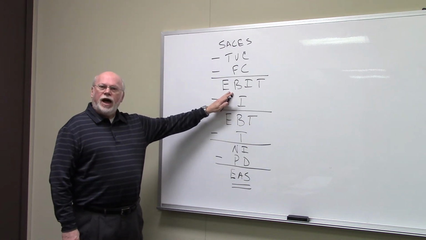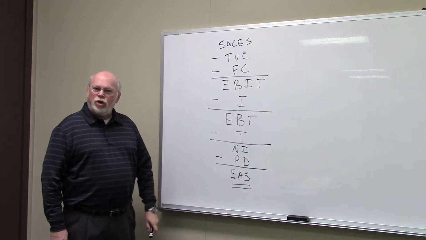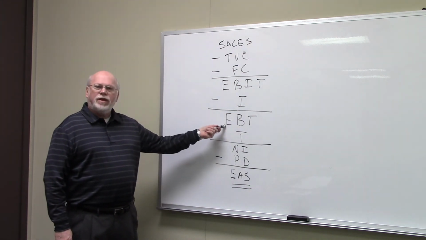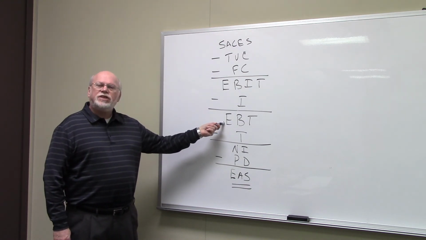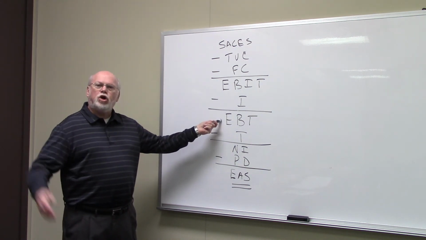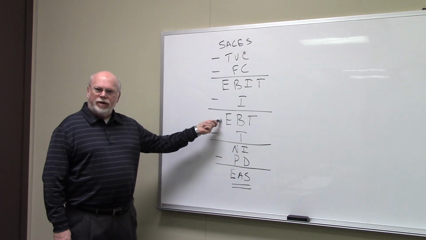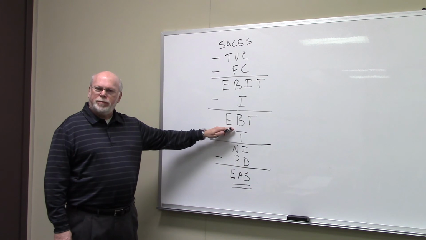If you take your operating profit, your EBIT, subtract out the interest you owe on your debt, you're left with earnings before taxes, EBT. This is also known as profit before taxes, taxable income. Those all mean the same thing, okay? We're going to call it earnings before taxes. It's fairly descriptive.